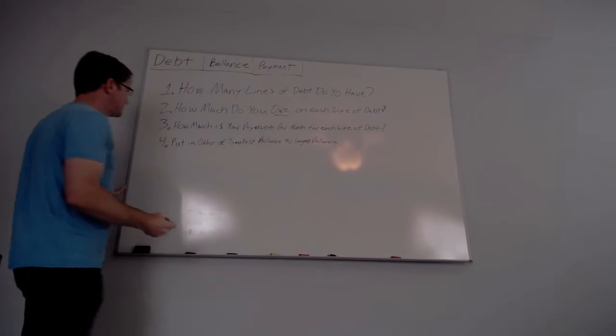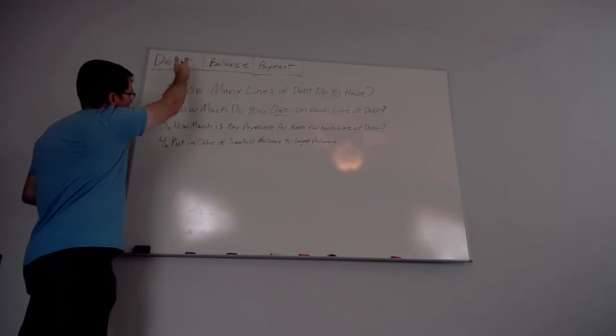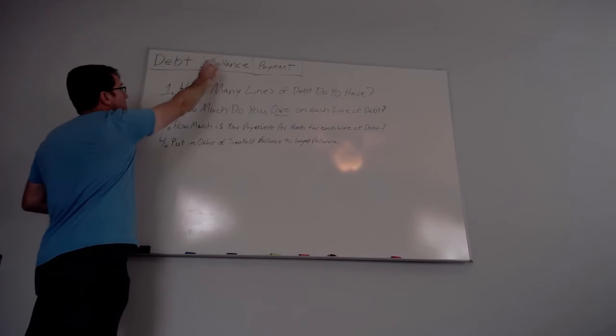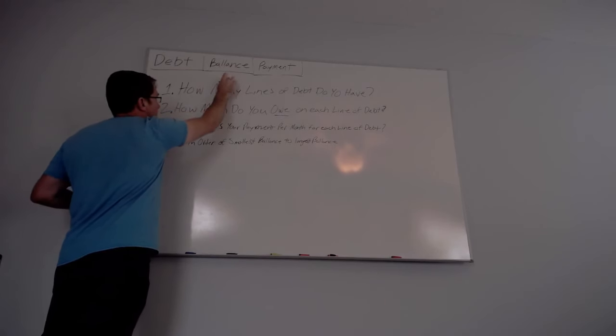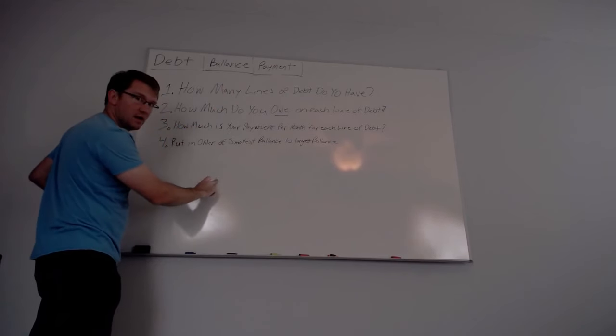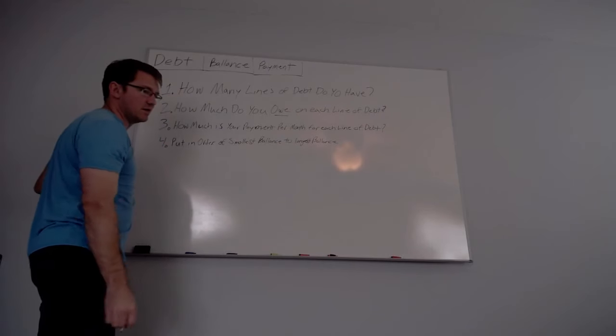Okay? So you're going to make your first column, or you just have to list out your debt based upon the balance. How much is the balance? So you start with the smallest balance, and then work your way all the way up to the biggest balance. More likely the house is going to be at the bottom, right? Unless you drive a $100,000 car and your house is $50,000.